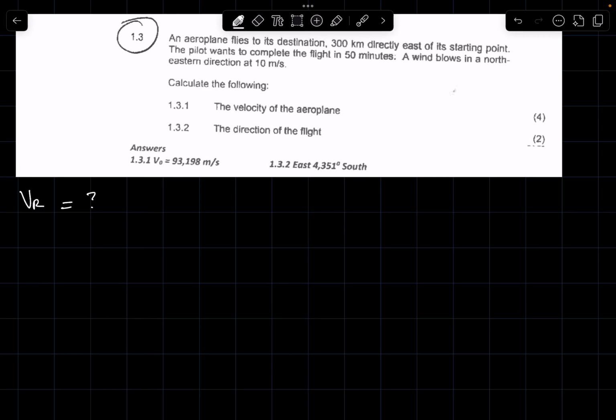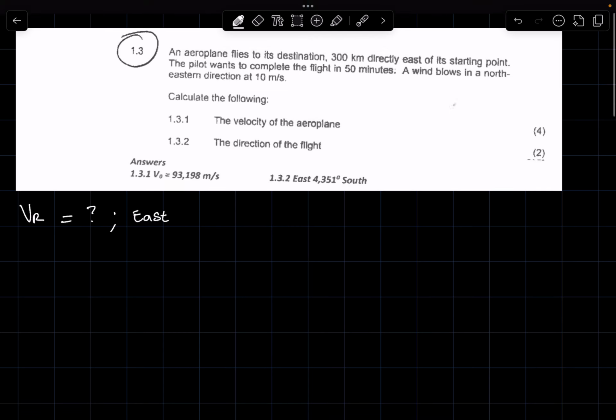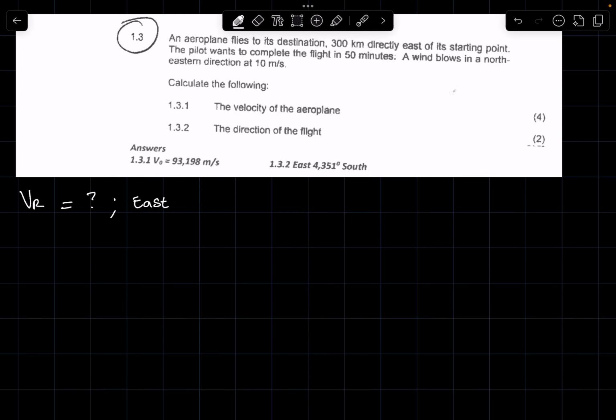They haven't given us the magnitude, but they've given us the direction. So VR is directly east, as said in the problem statement, and we're also given the displacement. The displacement is 300 kilometers.